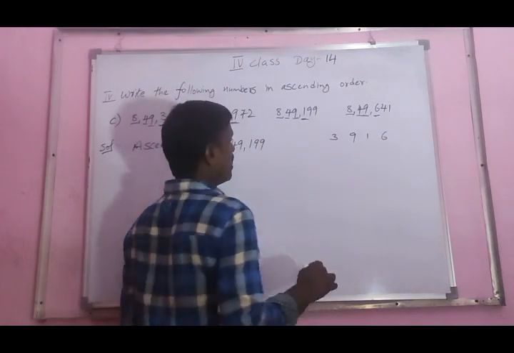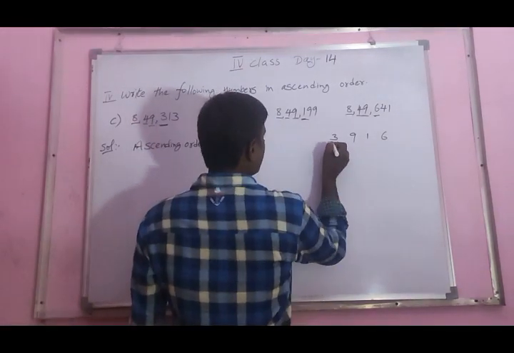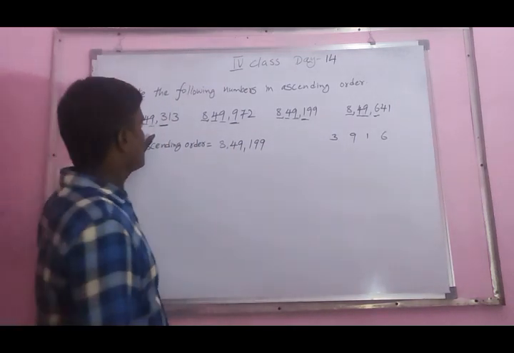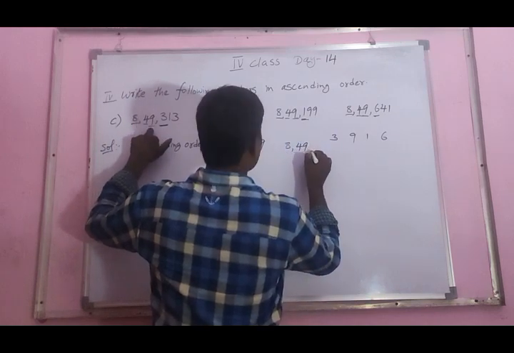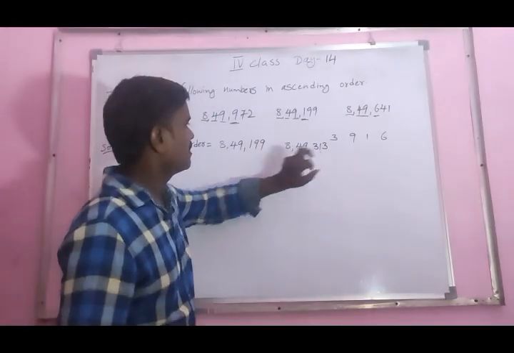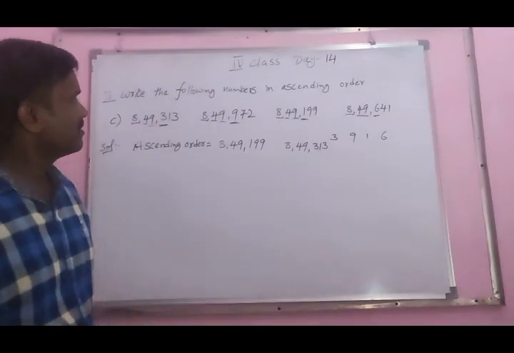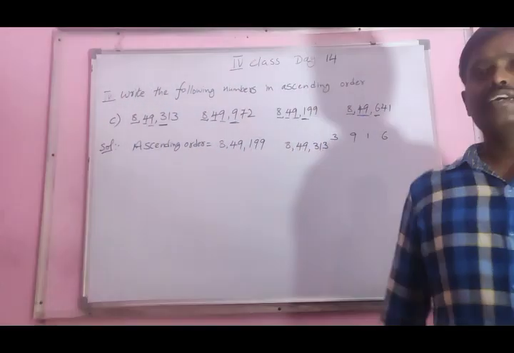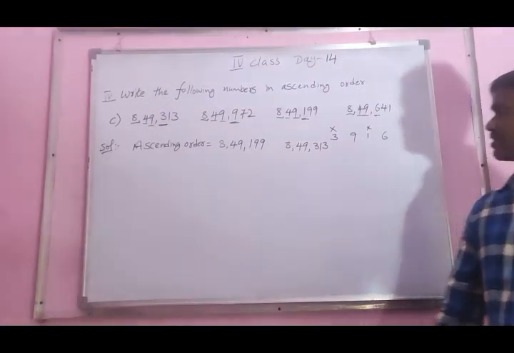So 3 means 8,49,313. Here 1 is clear, 3 also clear.